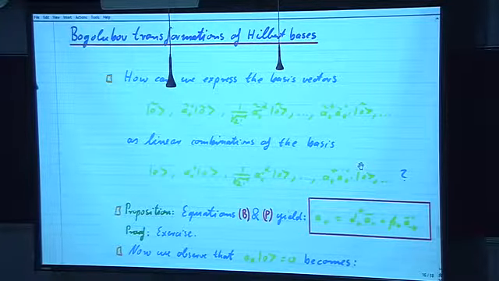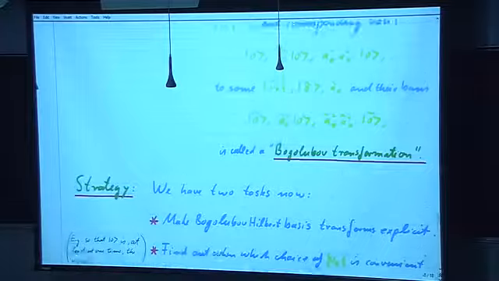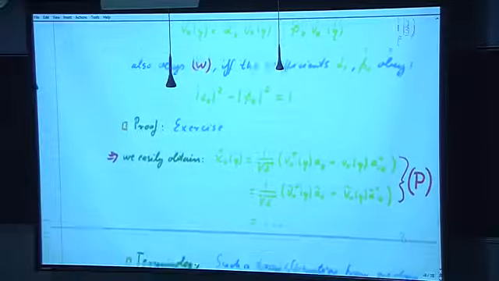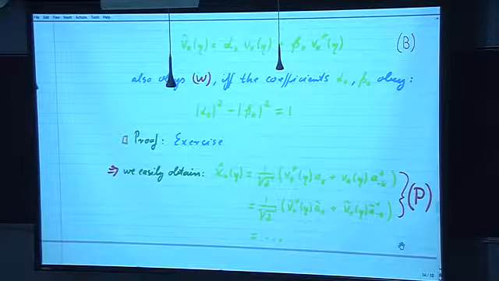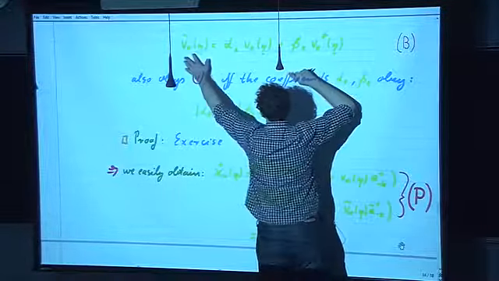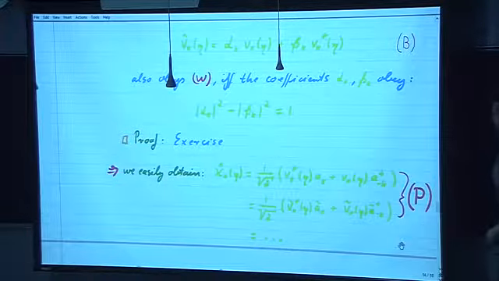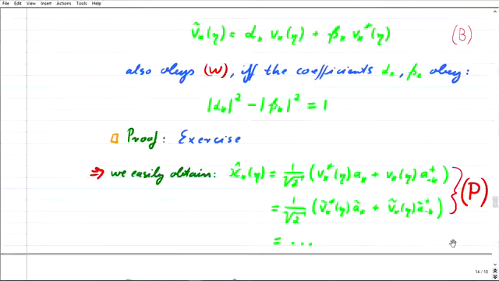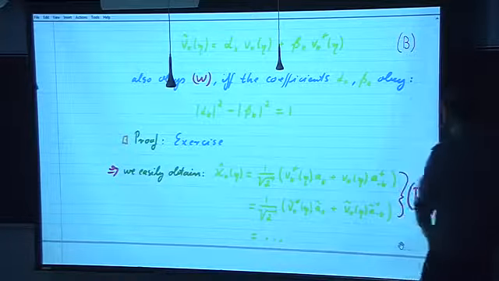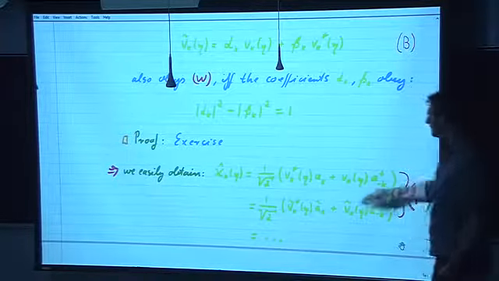The proposition is that if we put together the equations B and P, let me show you. If we put together these two equations, namely how the V tildes are linear combinations of the V and the V star, and the fact that you obtain the same field whether you write it this way or that way. See, you just plug in this into that, basically.